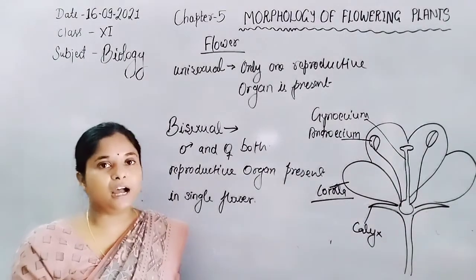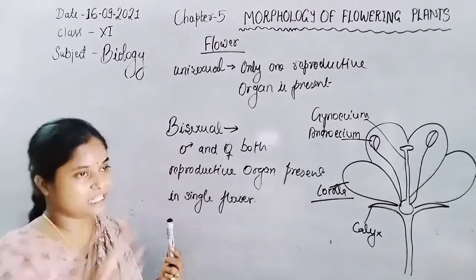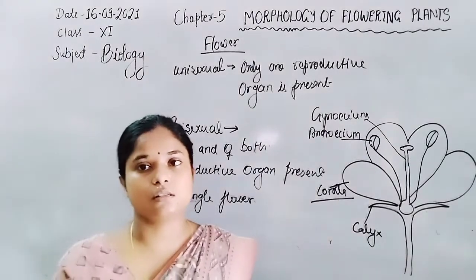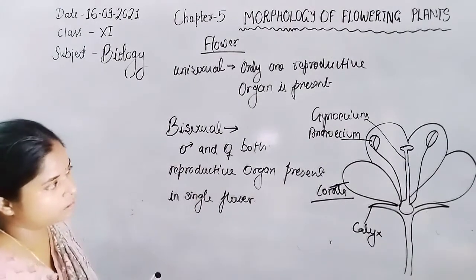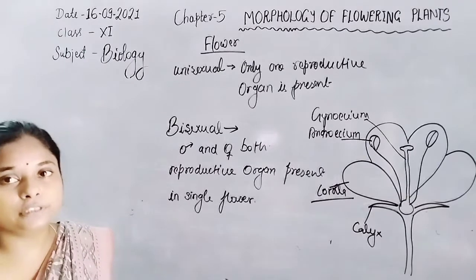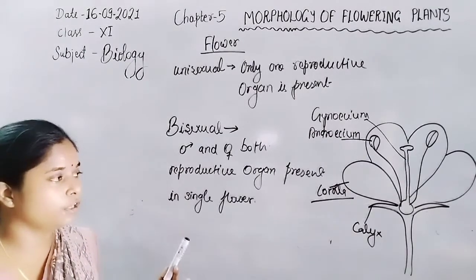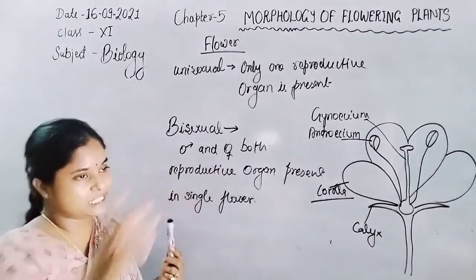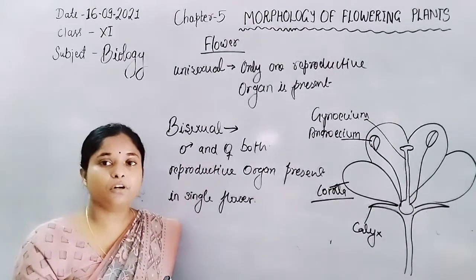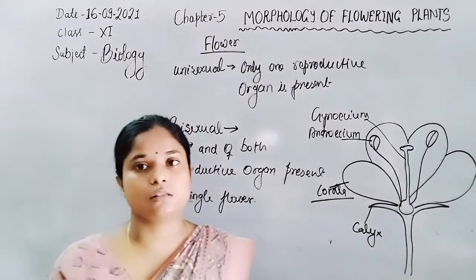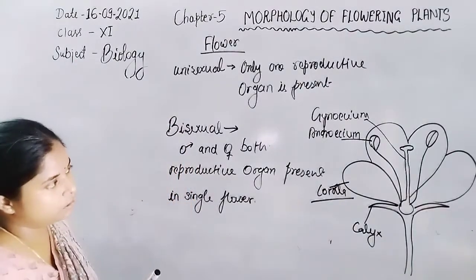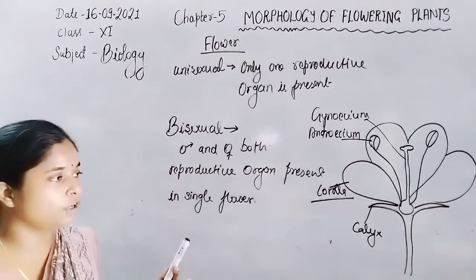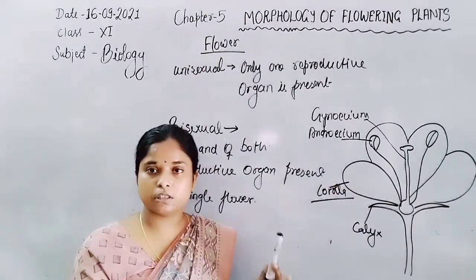Now, if the flowers are unisexual and present on the same body, such a type of plant body is known as a monoecious plant, whereas when two different plants bear two different types of flower on the basis of their reproductive organ, such a type of plant is known as a dioecious plant.